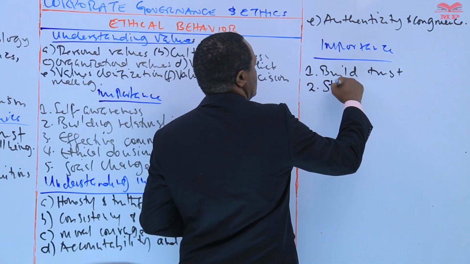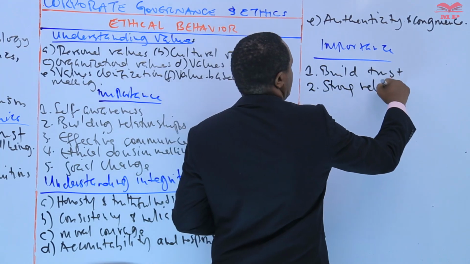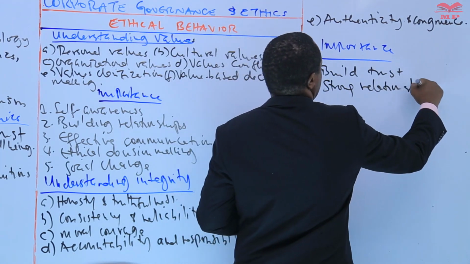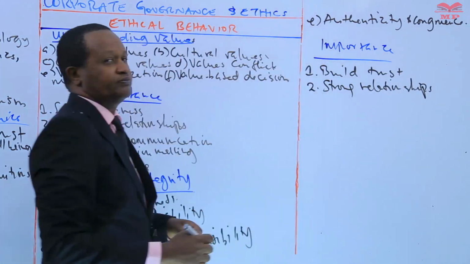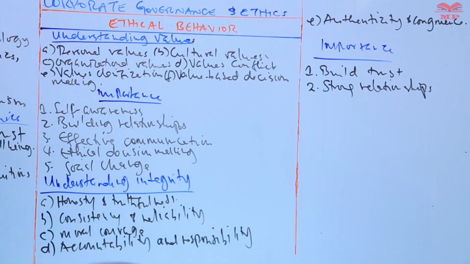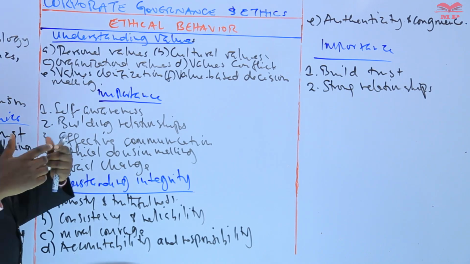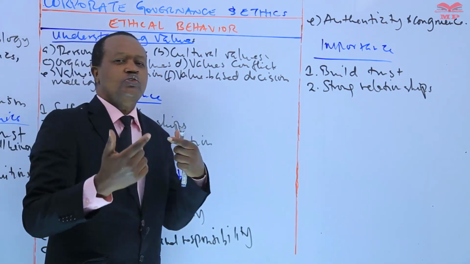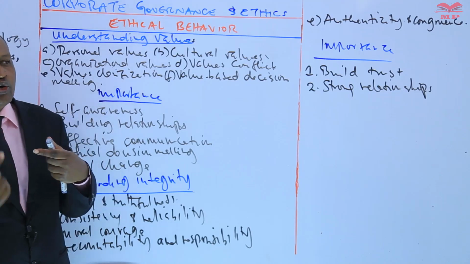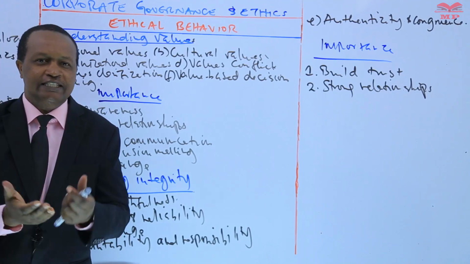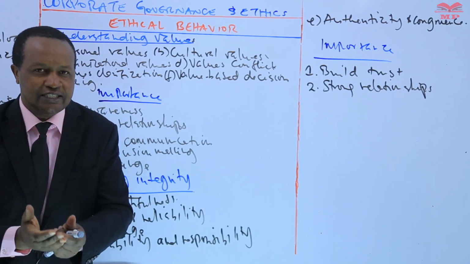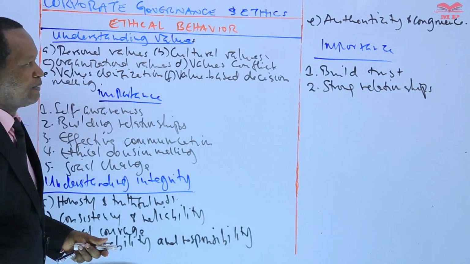2, strong relationships. Now, integrity fosters strong and lasting relationships, both personal and professional. People are drawn to individuals who are trustworthy, who are honest, who are genuine, who are consistent with their behavior.